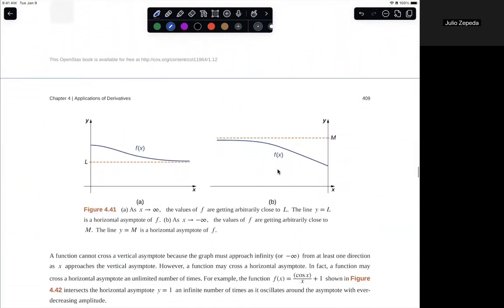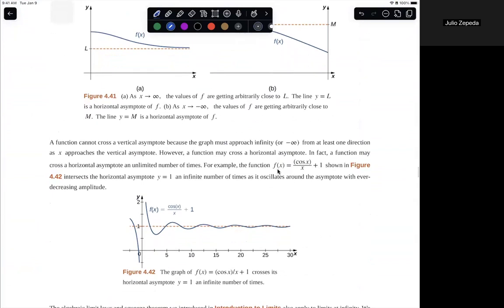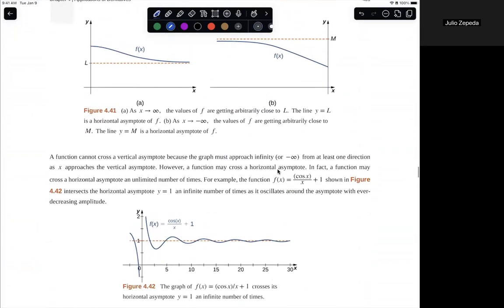Okay, so let's go ahead and move on here. They give a nice example here of the function f of x equals cosine of x over x plus 1. And notice here, we have that same behavior that we were just talking about, where we have a denominator, and we're going to look at the behavior of this as x goes to infinity. The denominator is going to grow infinitely large, which is going to make the fraction smaller. In this case, we don't have a constant in the numerator.